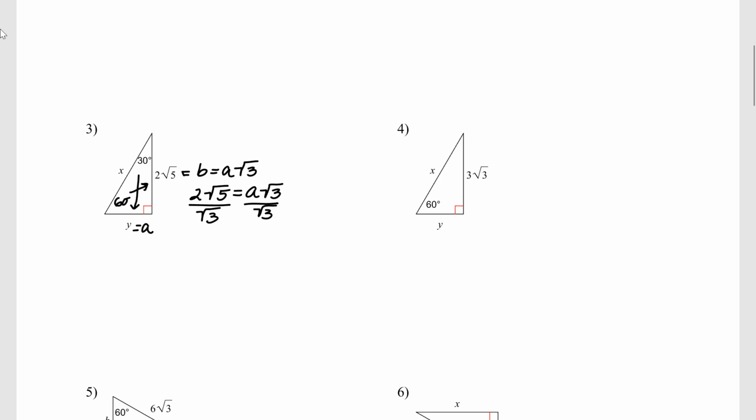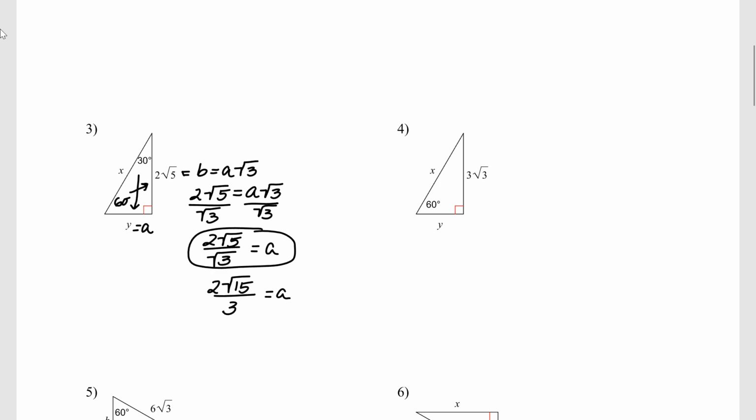So I have 2 square root 5 over the square root of 3. If you remember how to rationalize denominators, you could do so, finding that your answer is actually 2 root 15 over 3. But if you're unsure, we can stick with this answer.